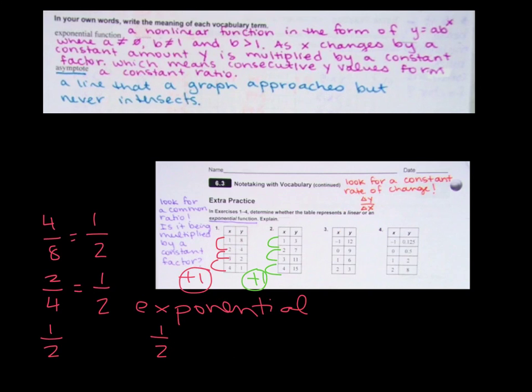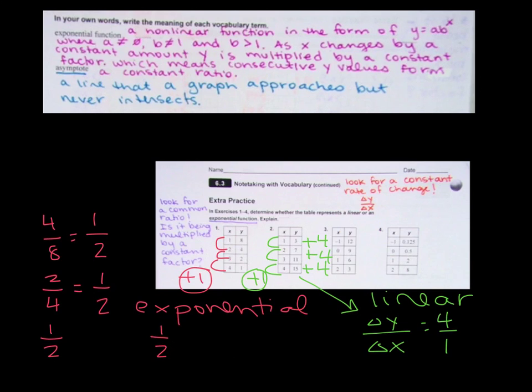And if I look at my y values, I notice that to get from 3 to 7, I add 4. And to get from 7 to 11, I add 4. And to get from 11 to 15, I add 4. So that tells me that the second table of data must be linear because my slope, or my change in y over my change in x, is equal to 4 over 1.